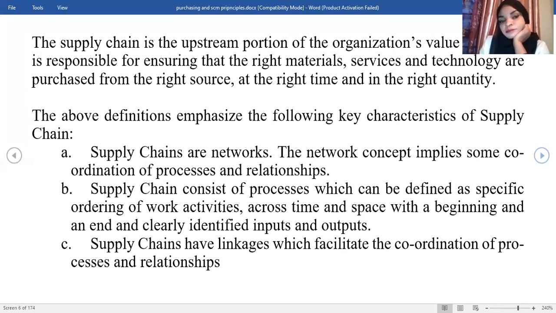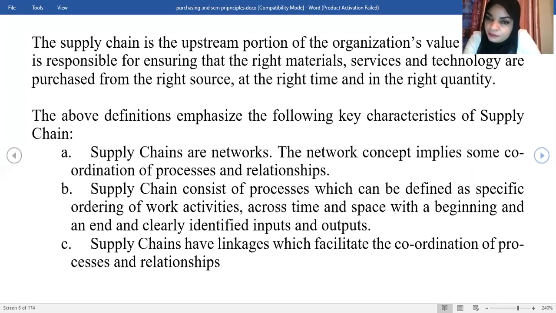So when something is a network, for example, Safaricom is a network, it means we have various activities that have been coordinated together to ensure that you're able to communicate with various parties from across the globe. So when that is put together, supply chain can be considered as a network, with various activities put together to ensure success in coordination of processes and relationships.